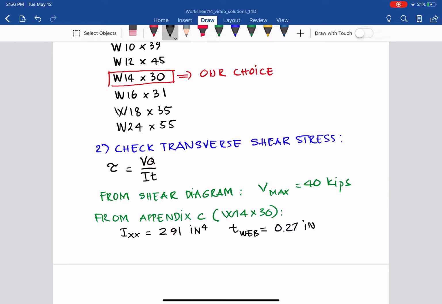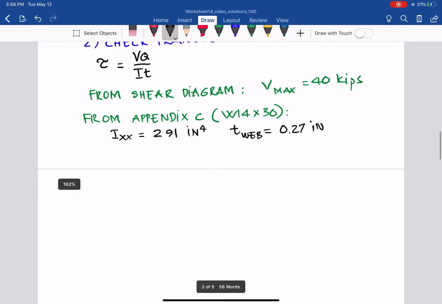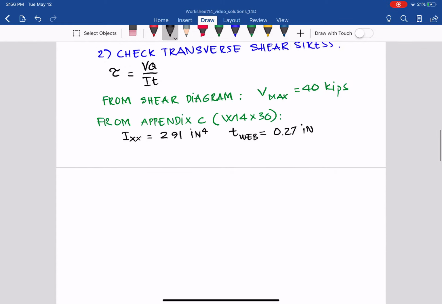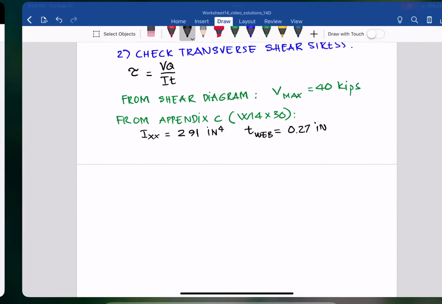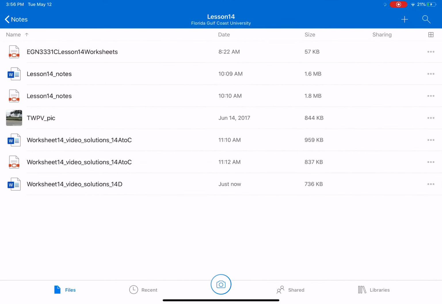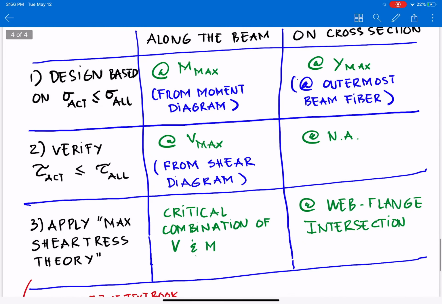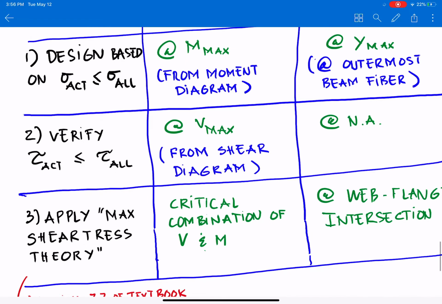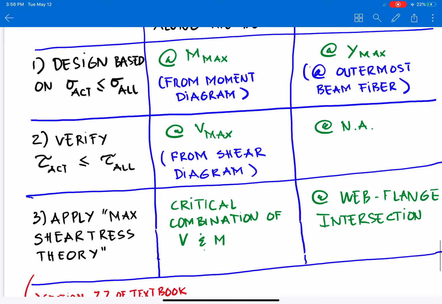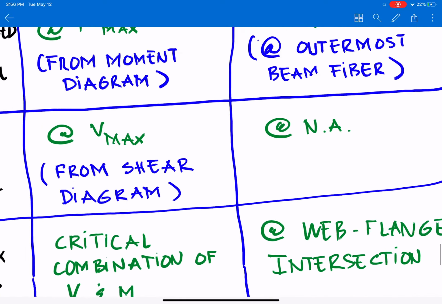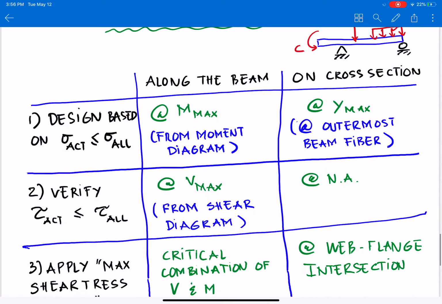Then we need to find Q at the neutral axis, as you recall in the lesson notes. To do the design, verify tau actual less than tau allowable, from the maximum shear Vmax and at the neutral axis for the cross section that we have.